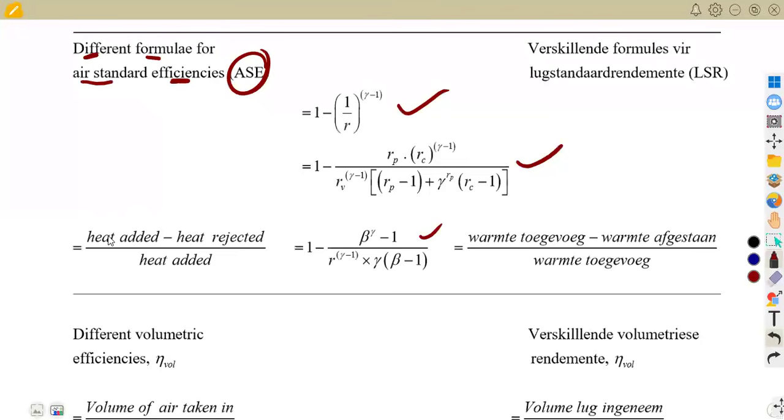We've got this formula, which is taken from the heat added minus heat rejected over the heat added. But we do not have any heat given there. We are given the compression ratio and also gamma. So why not take this formula? Because we have the compression ratio and the gamma.